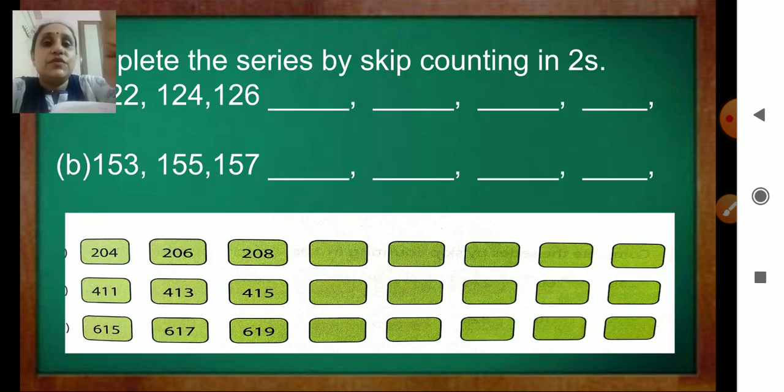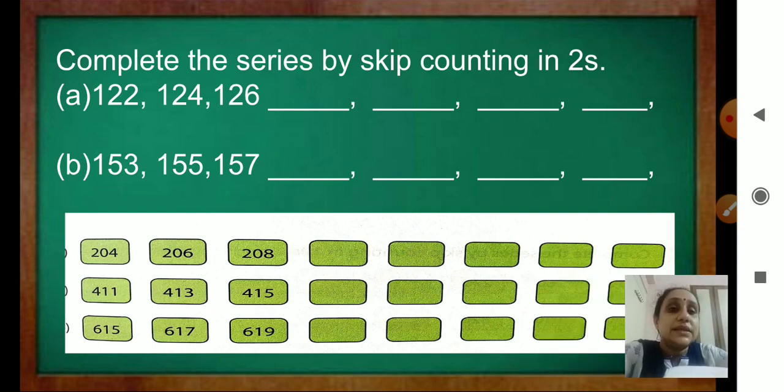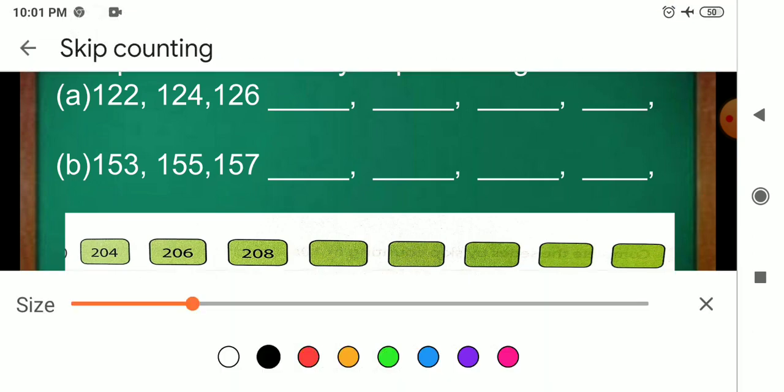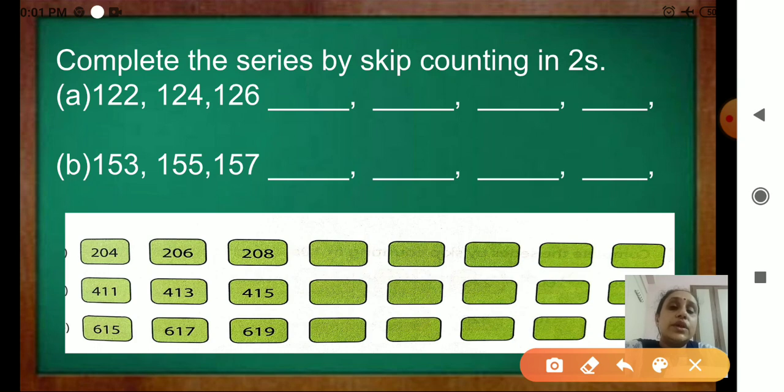Now this one we will be doing together. Complete the series by skip counting in 2's. We have to complete the series. Now look here, the first one is 122, then 124, 126.